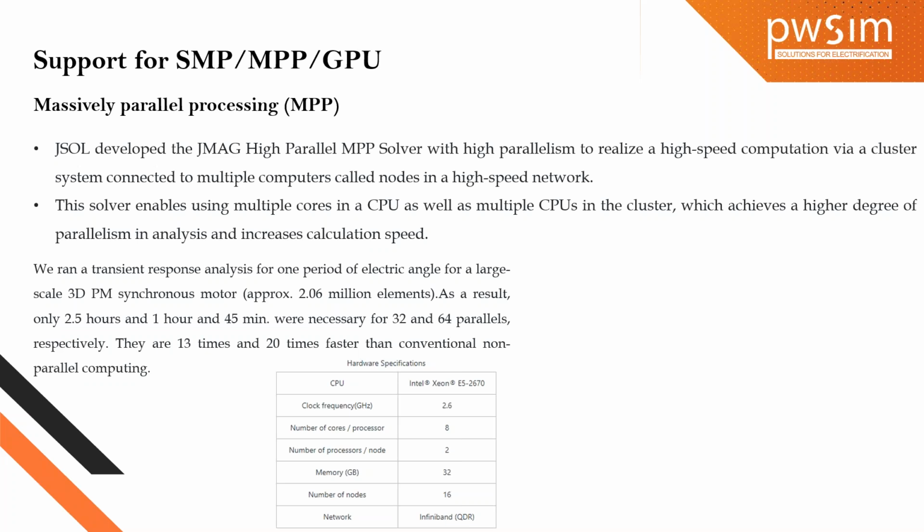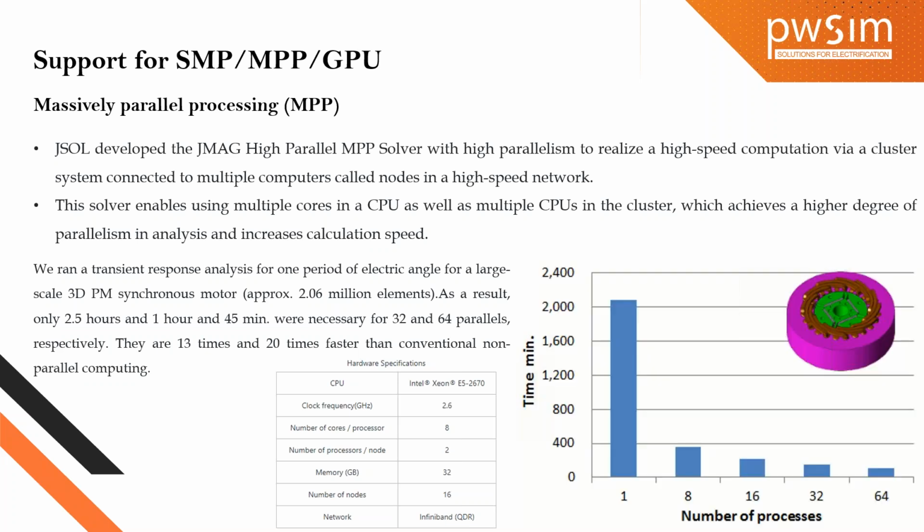We have an example of how MPP performs using JMAG in a cluster connected to a high-speed network. We ran a transient response analysis for one period of electric angle for a large-scale 3D PM synchronous machine with approximately 2.06 million elements.